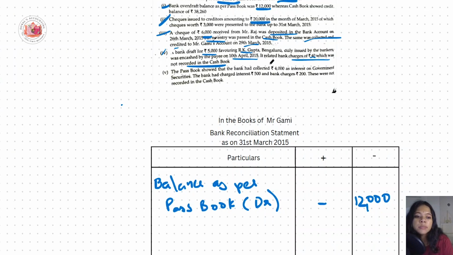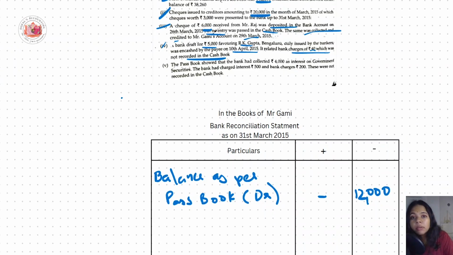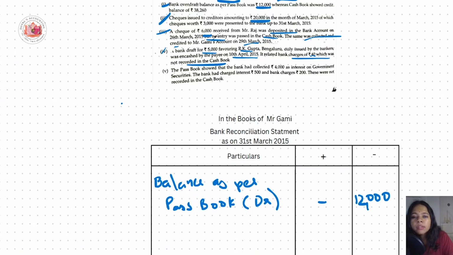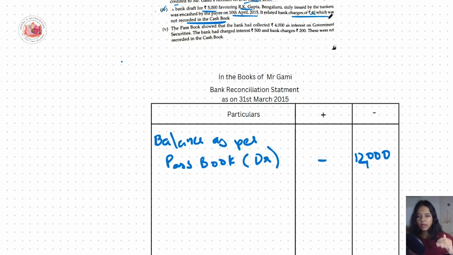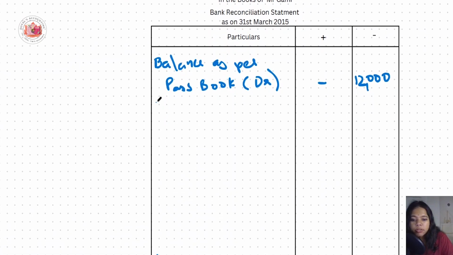This 40 rupees will be deducted from our bank account, so our passbook is having a lesser balance. Our cash book is having more balance of 40 rupees than our passbook, and if I need to equalize the two, then I need to add this 40 rupees to my passbook balance. So I will add here bank draft charge, rupees 40.